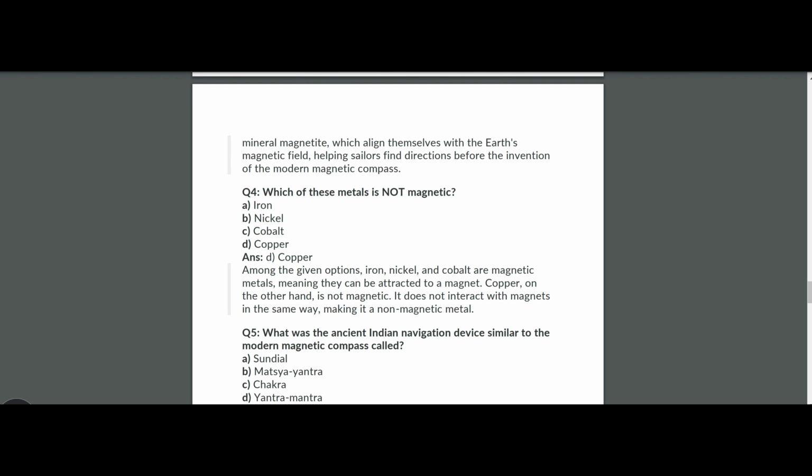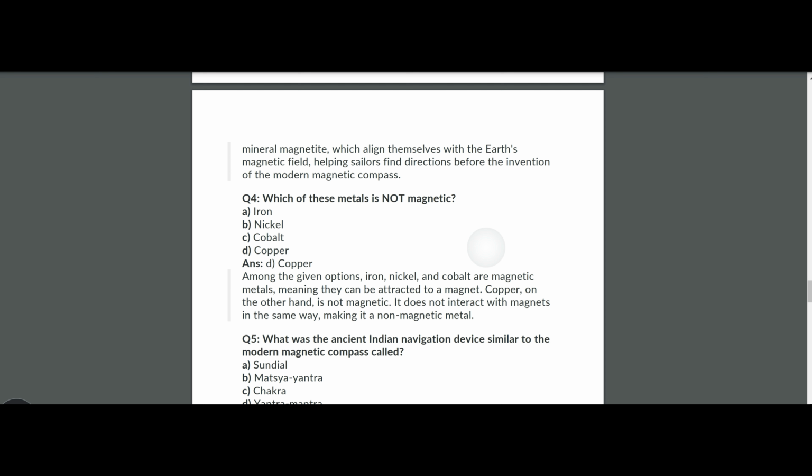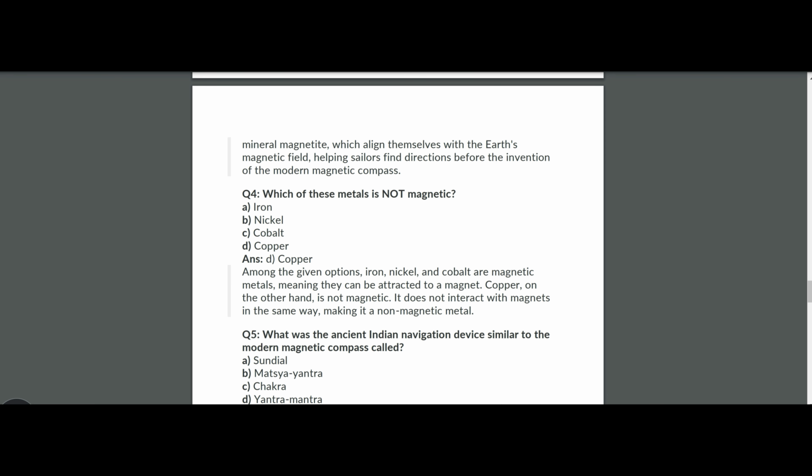Now next question is, what was the ancient Indian navigation device similar to the modern magnetic compass needle? Our ancestors used a Matsya Yantra as a compass needle. Now we are using the compass needle. In modern days we are using the compass needle, and our ancestors used this Matsya Yantra.